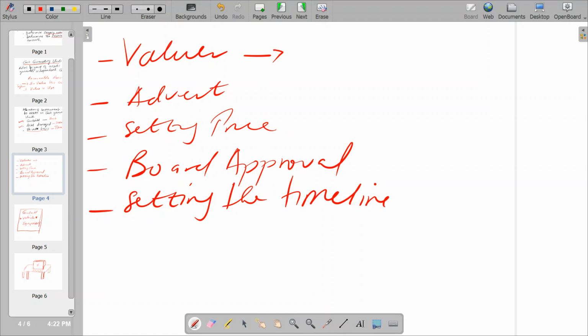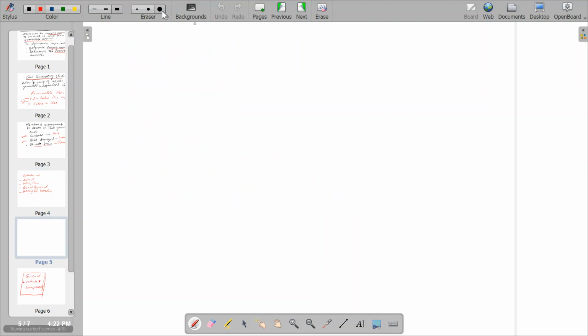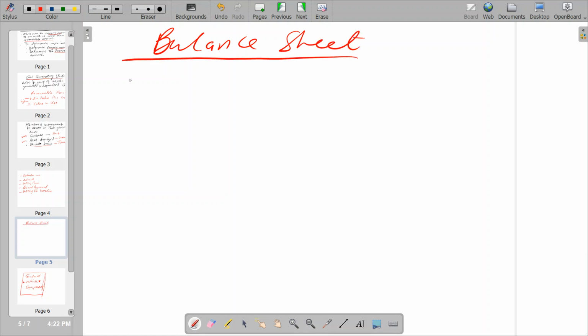Now when it comes to our accounting records, right now this asset, when we go to our balance sheet, will be showing as a non-current asset.